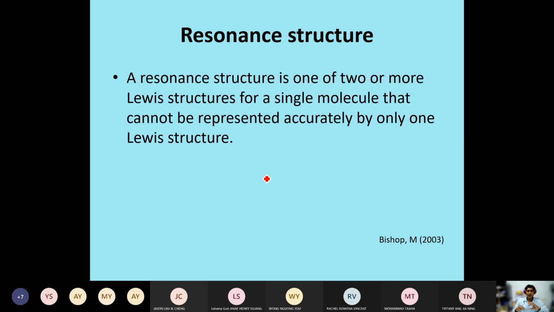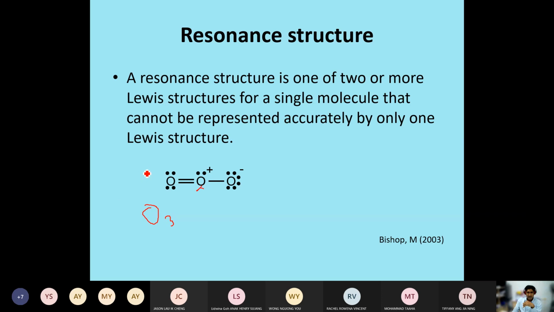Resonance structure is actually just what we showed now, that it has different forms of the structure. So that is the resonance structure. For example, this is ozone, right? I'm sure that you have heard about ozone and the ozone layer. So in this ozone, the three oxygen atoms are attached, and some of them are positive, some of them negative.